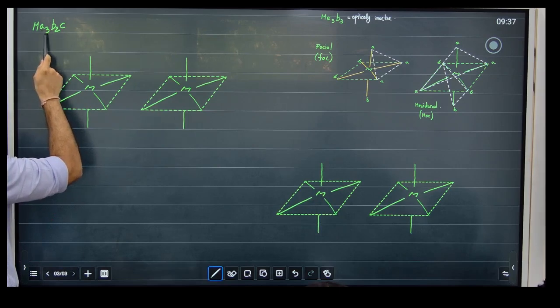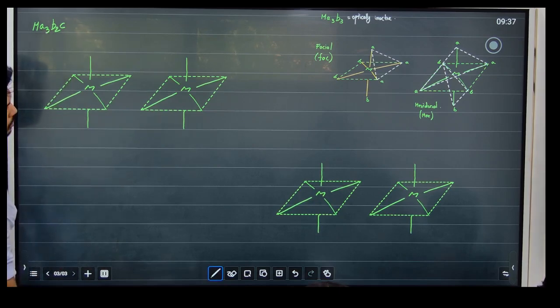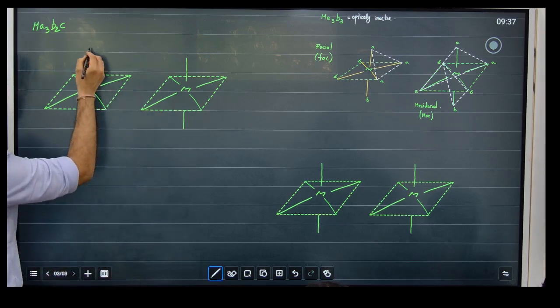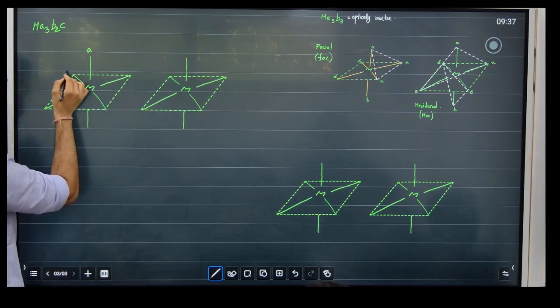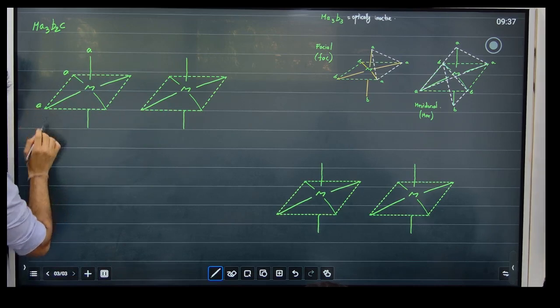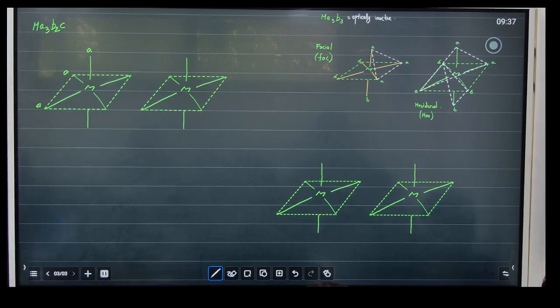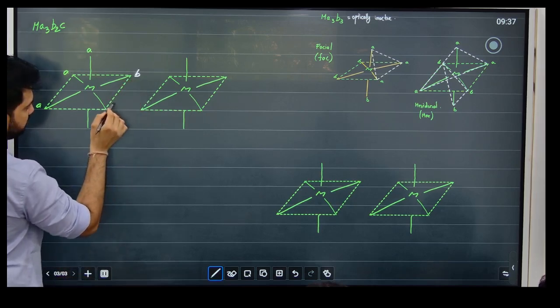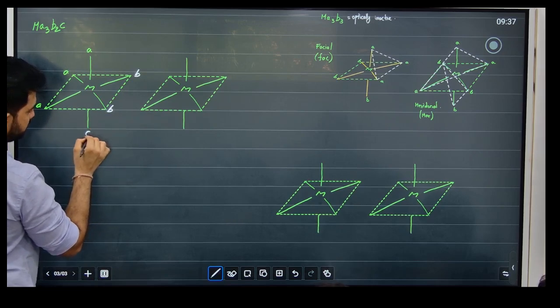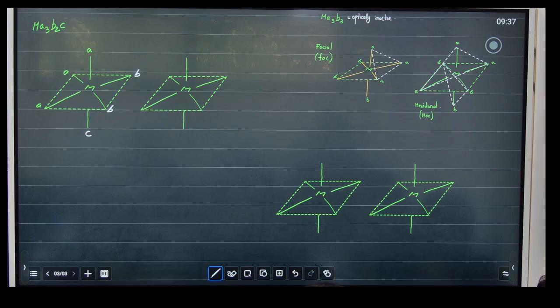You have A3, B2. So I place A and A. ठीक है? Face of a triangle. B and then C.